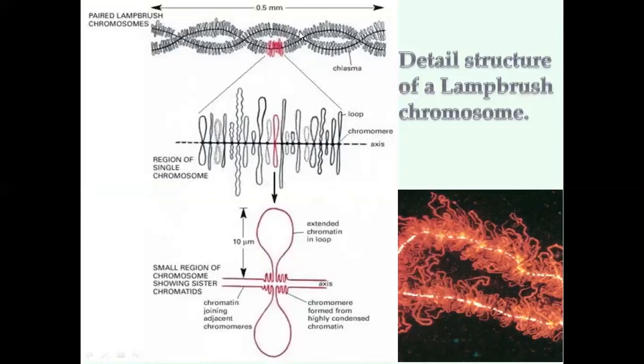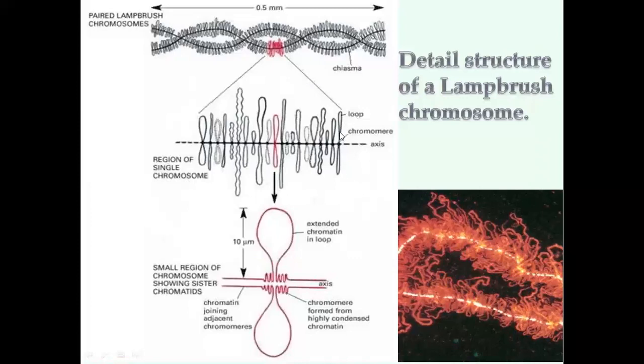So in the diagrammatic way, we can see this. That is the axis of both chromosomes, where these two chromosomes are attached at a point known as chiasma. So in the chiasmatic region, the lateral loops are developed.